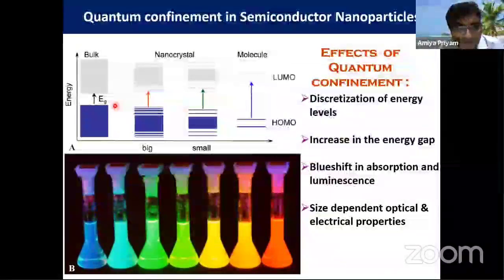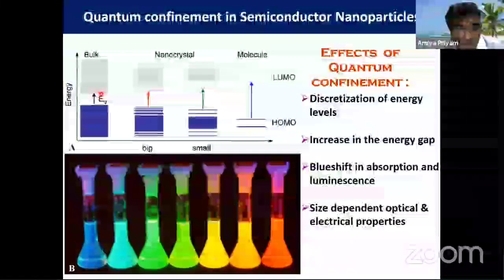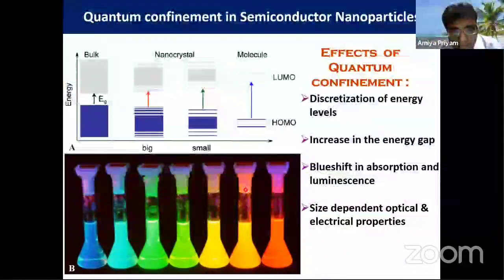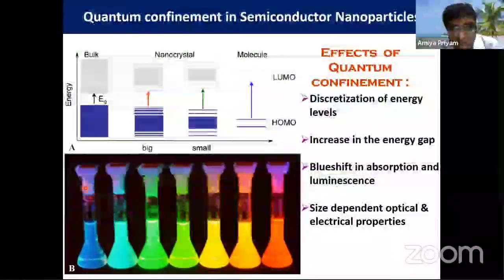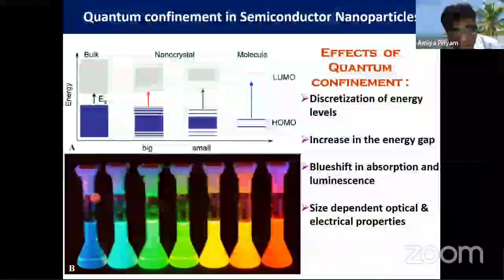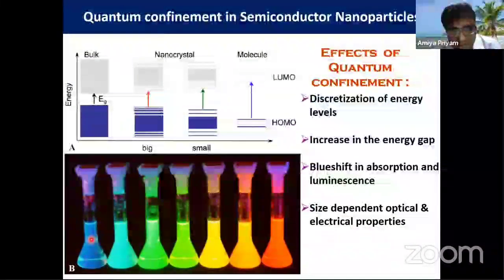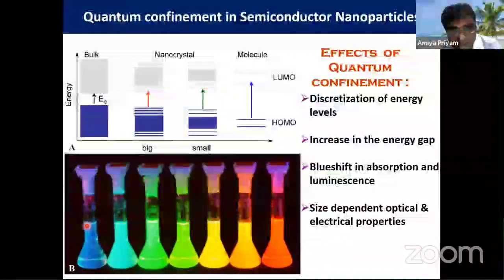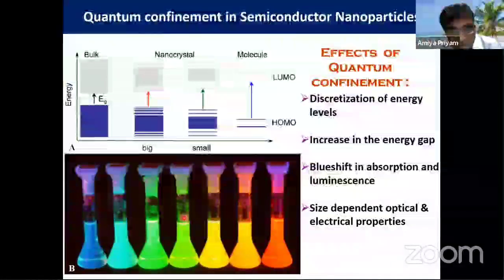If you look carefully, this is a picture that shows a series of quantum dots of different sizes. The spherical nanocrystals which have a diameter lower than the Bohr exciton diameter are called quantum dots.